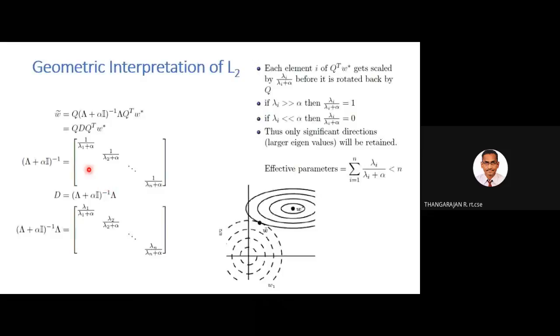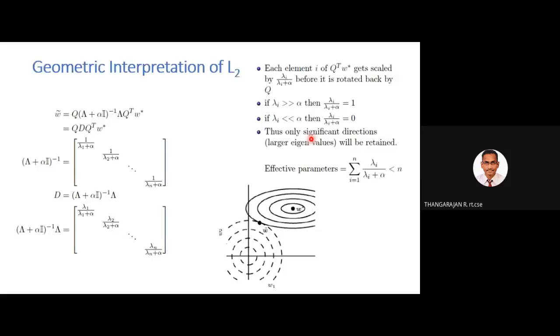Now, by regularization, this is what is happening. Here you see that if lambda is much greater than alpha, where alpha is the constant you are choosing in the penalty term, and lambda is the eigenvalue.